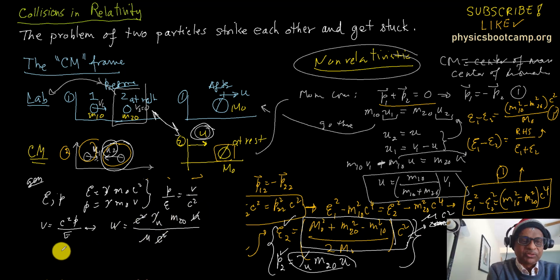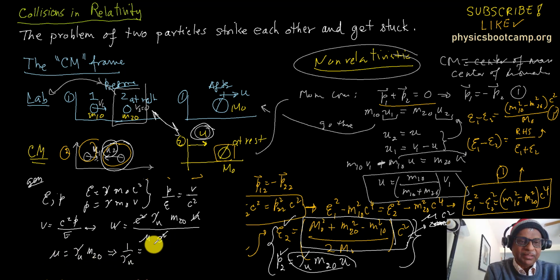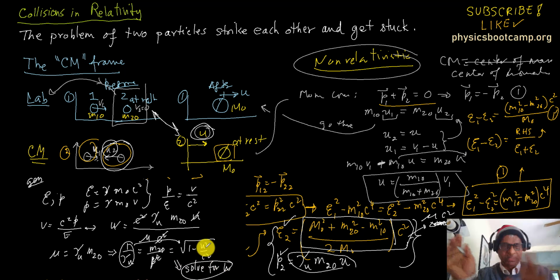Cancel U out. So mu equals gamma U M2,0. So 1 over gamma U is M2,0 over mu, and this is simply the square root of 1 minus U squared over C squared, and then solve for U. So whenever you have energy and momentum figured out in a relativistic situation, you can always get the speed.